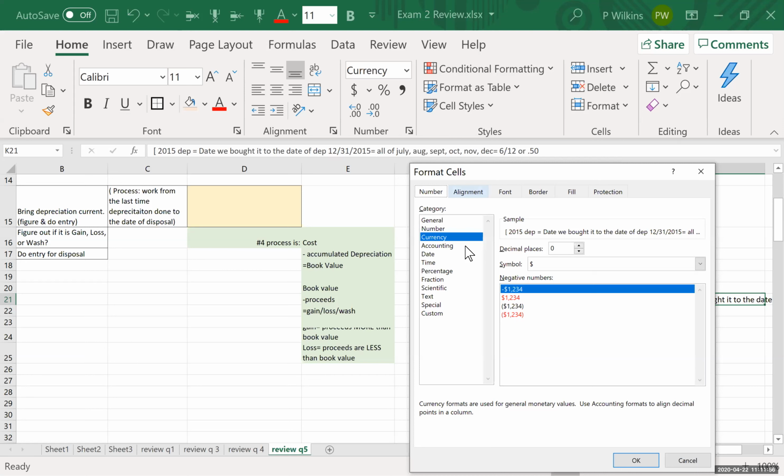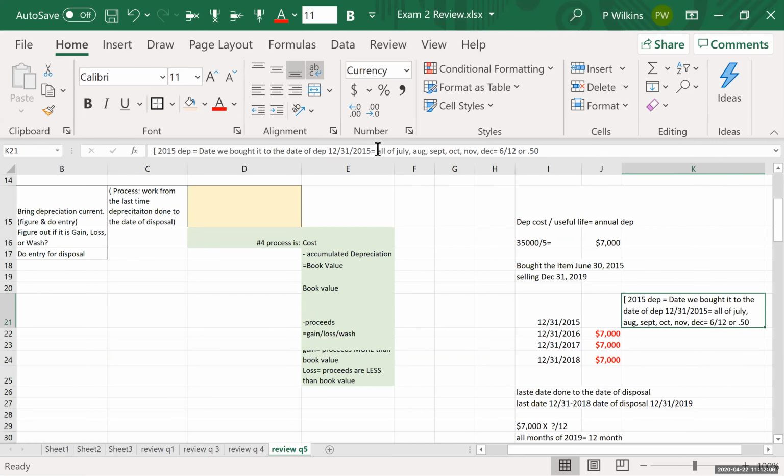So we bought it, the date we bought it from the date of depreciation. We bought it on June 30. So it's all of July, all of August, all of September, all of October, all of November, all of December, which is 6 out of 12 months, or half.